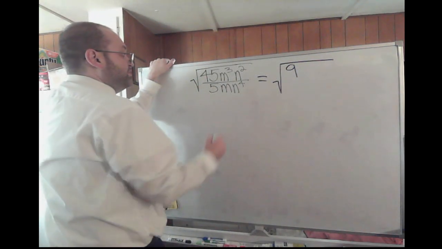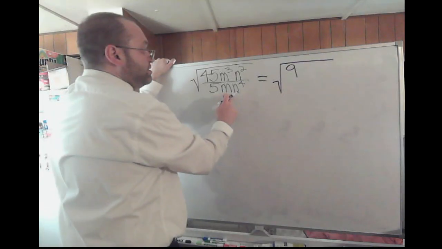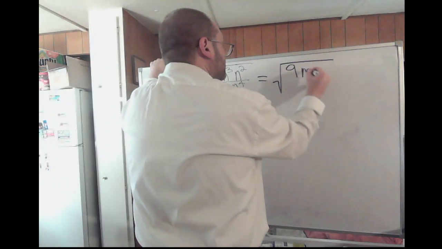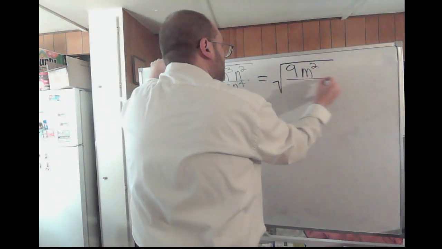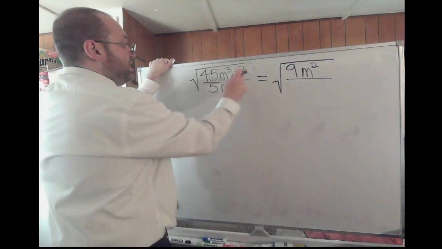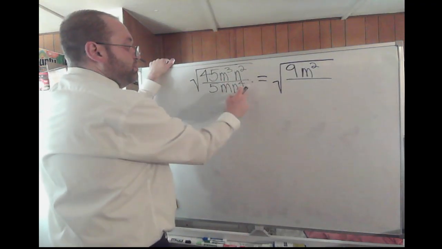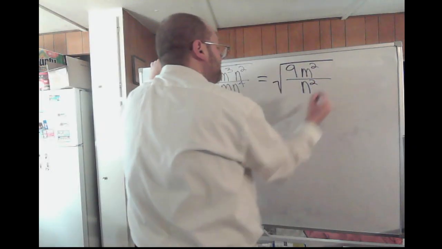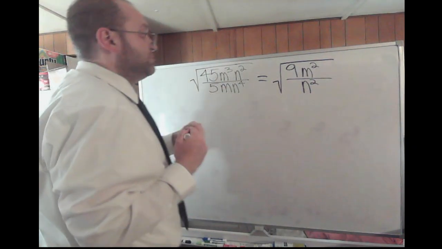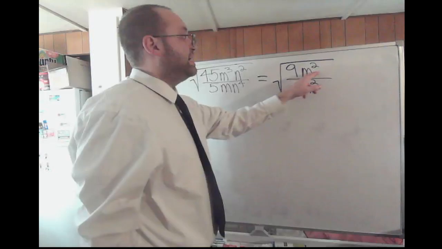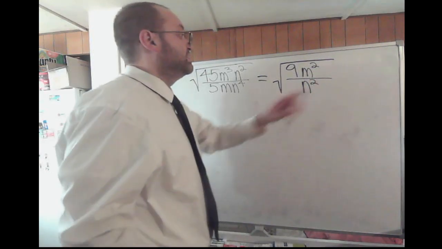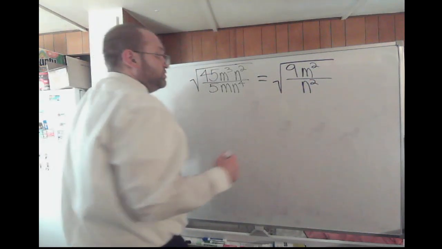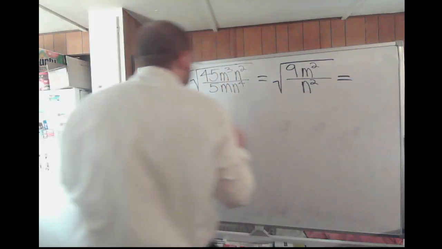Then m to the third over m is m to the second, all over n to the second over n to the fourth, which ends up being over n to the second. So your expression simplifies to the square root of 9m squared over the square root of n to the second. This isn't so bad now since we simplified it.